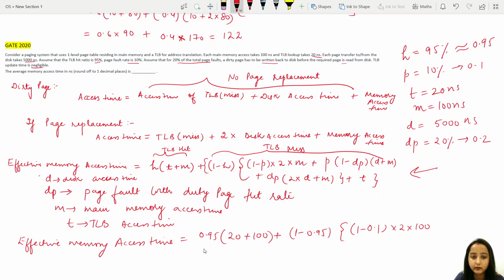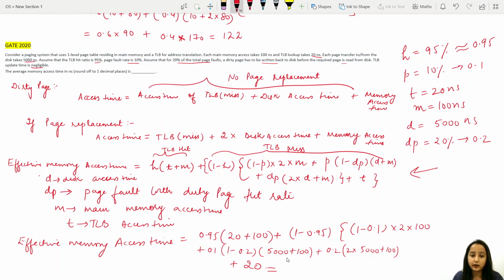Plus p, p is 0.1, then (1 minus dp) is 0.8... with the disk access time of 5000 nanoseconds, plus m is 100, plus dp is 0.2, 2 multiplied by the disk access time 5000, plus 100, plus t is 20.